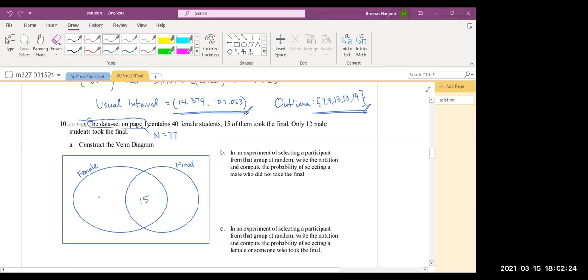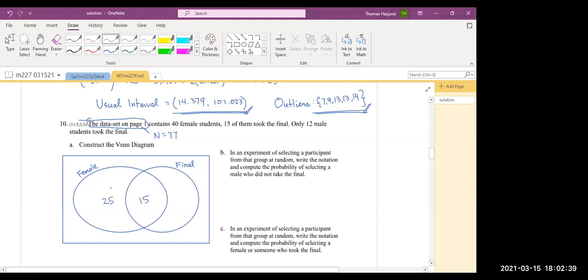So how many female only? 25. That's right, because the total for female should be 40.